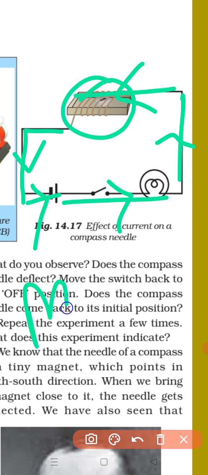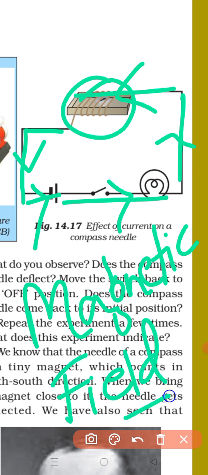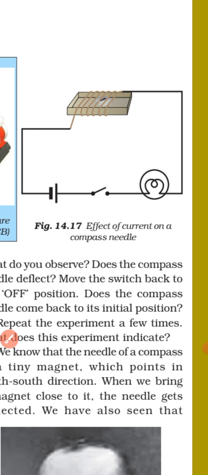That is why this current carrying wire was able to deflect the compass needle, and the effect shown by this current carrying wire is the magnetic effect of electric current.